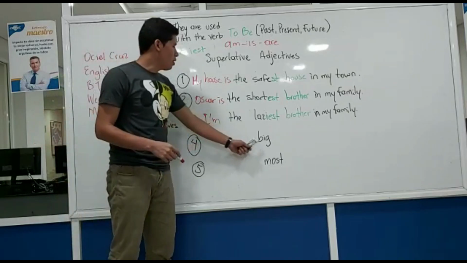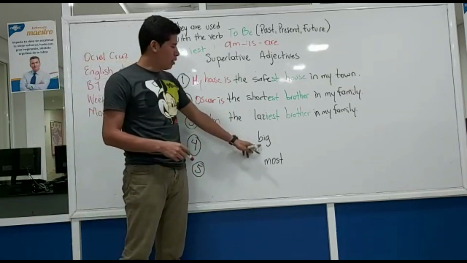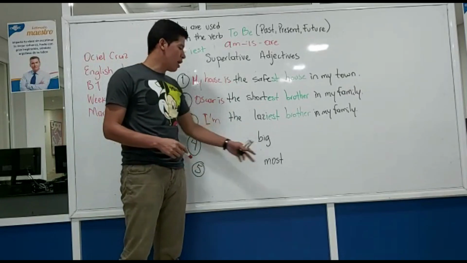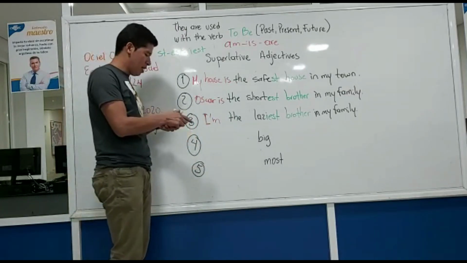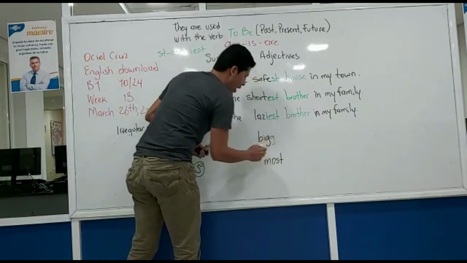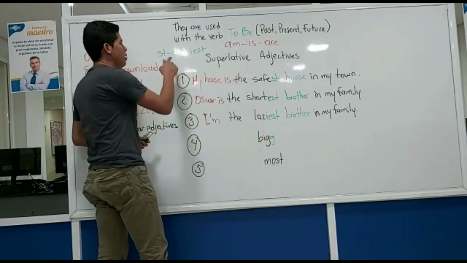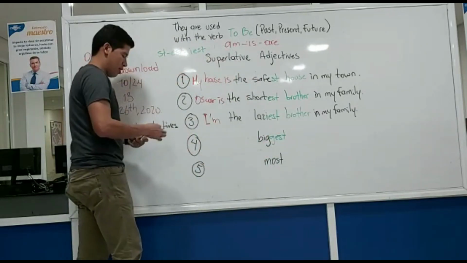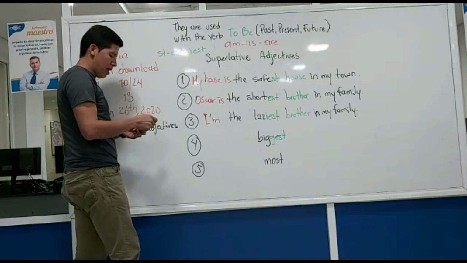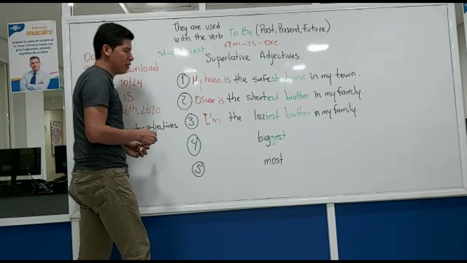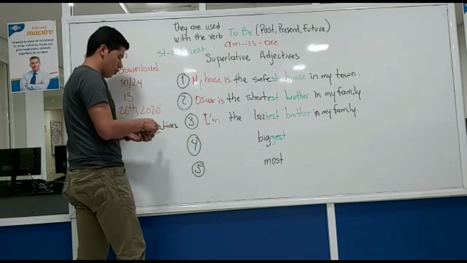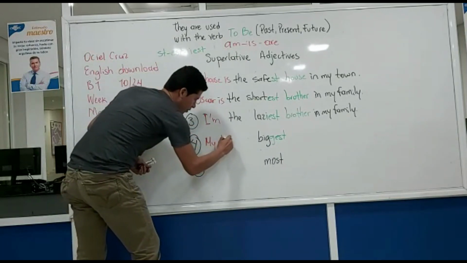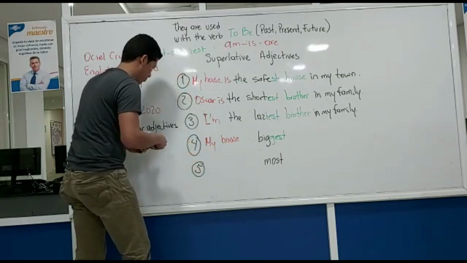Okay, big. When I use an adjective that is formed by consonant, vowel, consonant, I have to duplicate the last consonant, and I'm going to add est. For example, my house is the biggest house in my town.